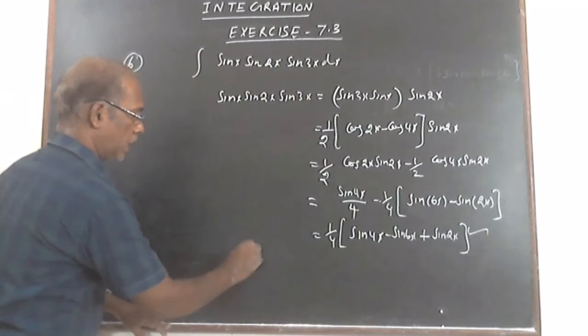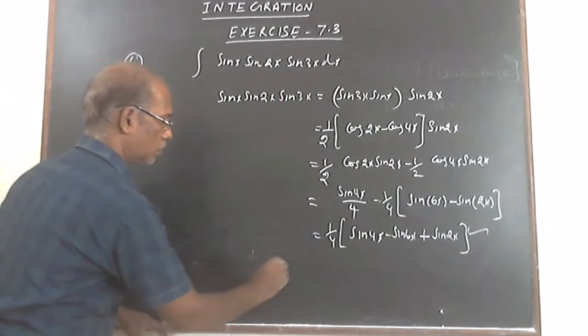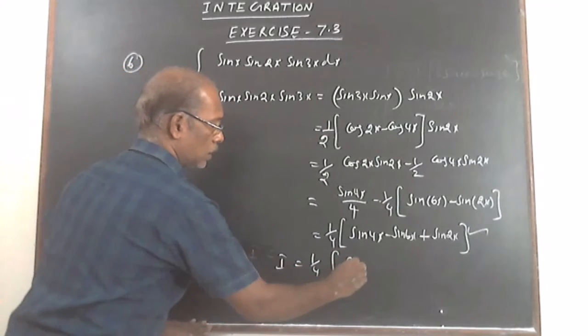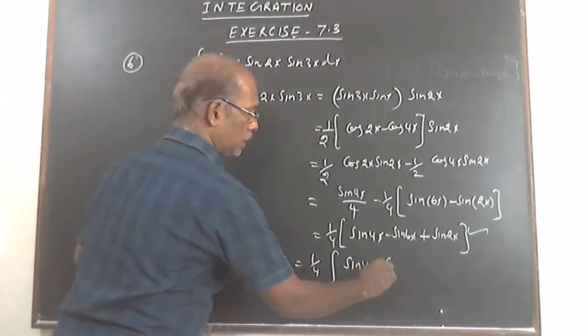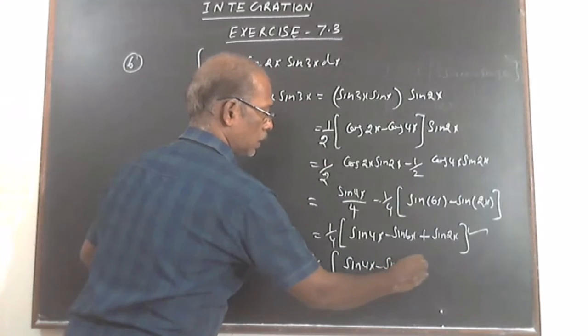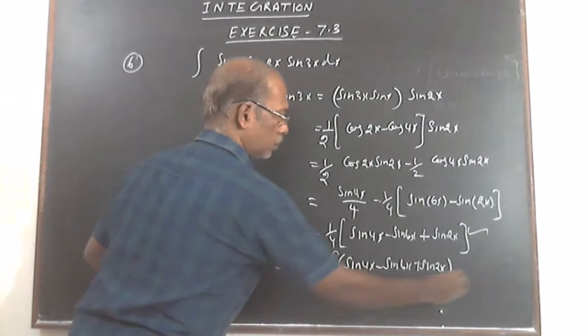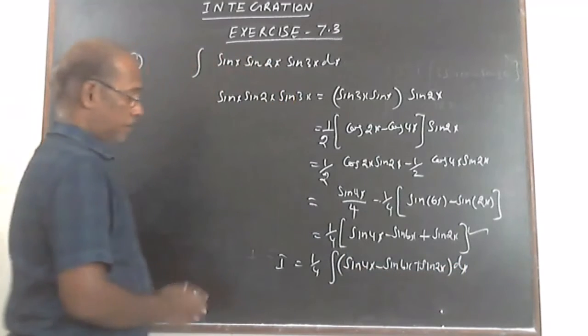Now we can integrate. I equals 1 by 4 integral of sin 4x minus sin 6x plus sin 2x dx.